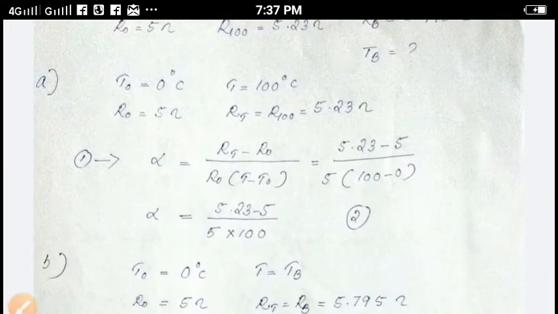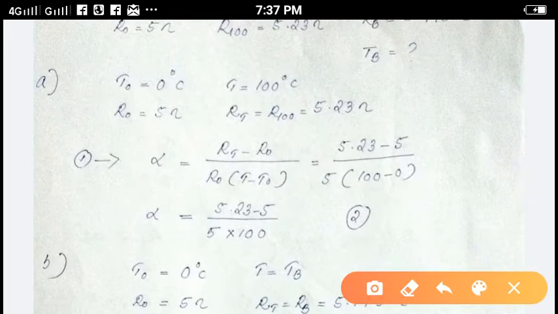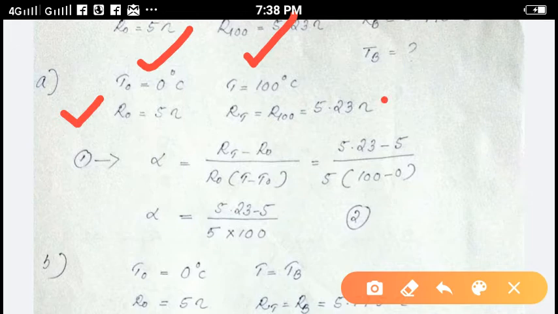So first let us take two sets of temperature and corresponding resistances. Let us take the reference temperature as ice point and temperature T as steam point. That is T0 is equal to 0 degrees Celsius. Therefore R0 is the resistance at 0 degrees Celsius, that is 5 ohm. And T is equal to 100 degrees Celsius. Therefore RT is the resistance at 100 degrees Celsius, that is 5.23 ohm.